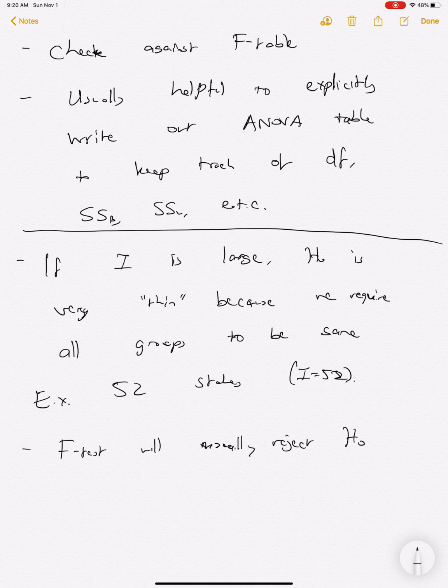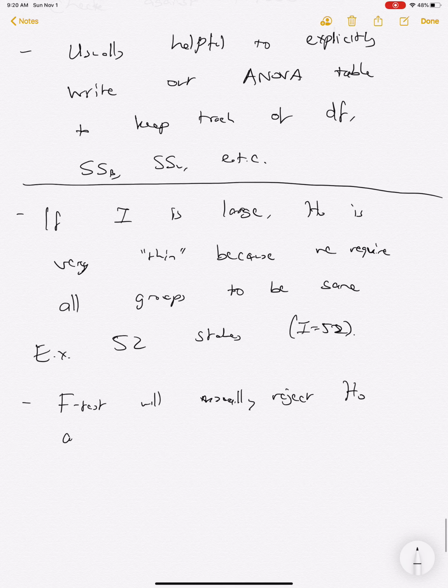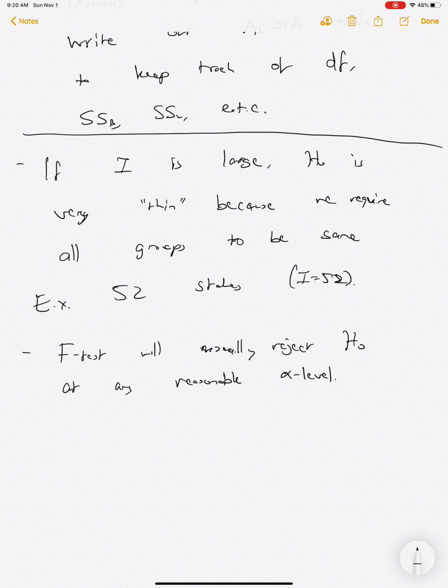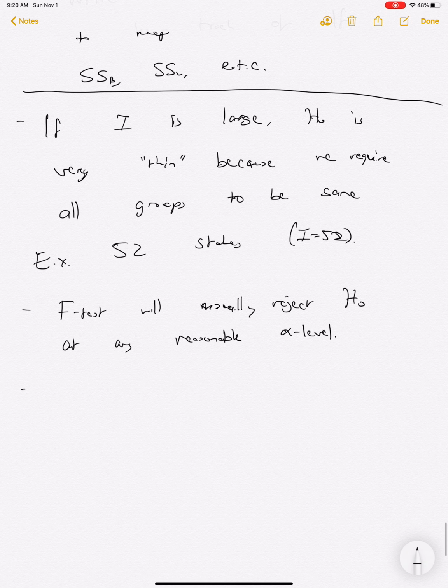It will reject H naught at any reasonable alpha level. And this is referred to as the problem of multiple comparisons. It's covered in 12.2.2.